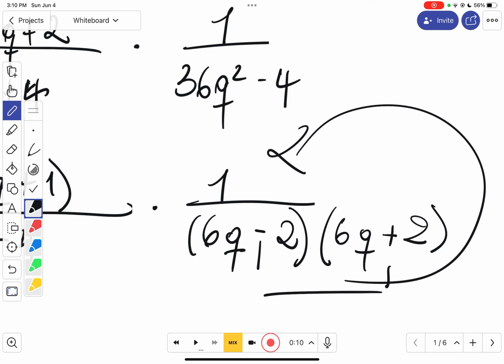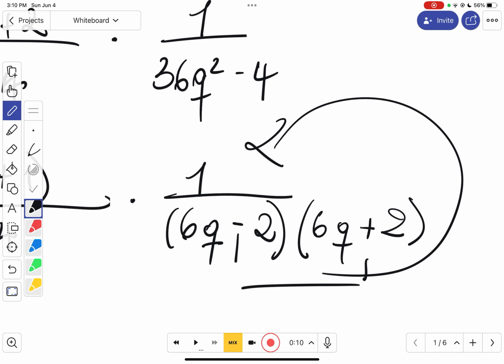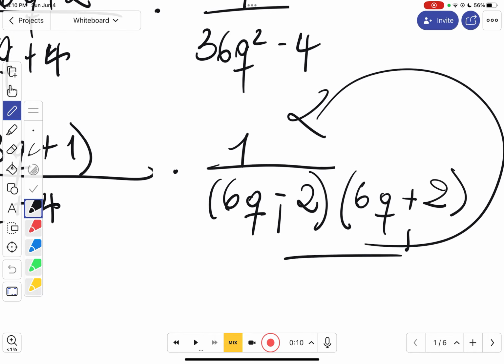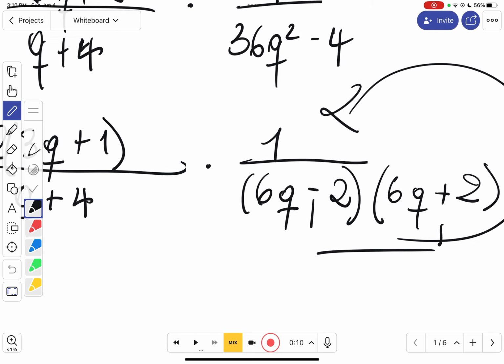We want to preserve that negative in the expression. So in order to keep the negative, we need a positive and a negative. That's the reason why we choose 6q minus 2 and 6q plus 2. It's not just by mistake or by luck. That is the reason why we do it.